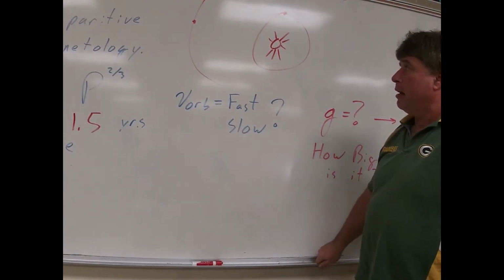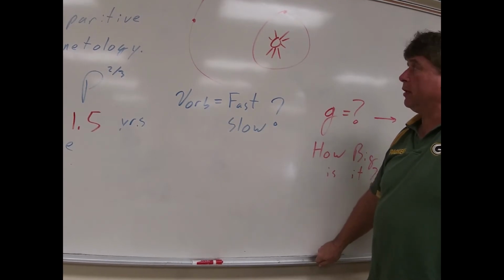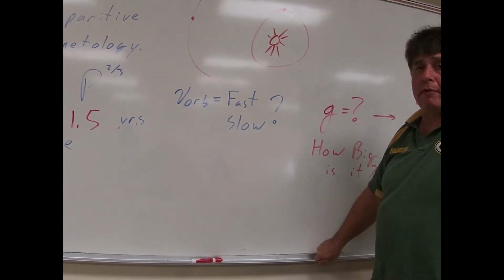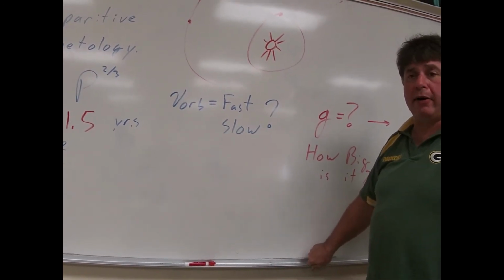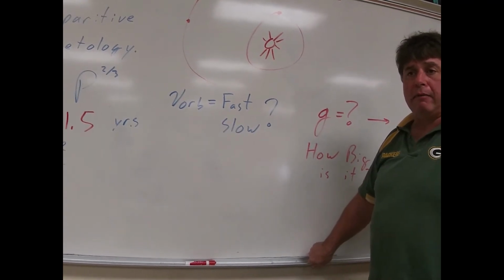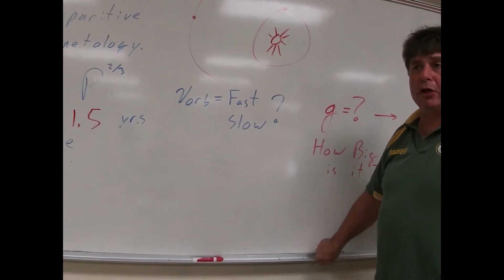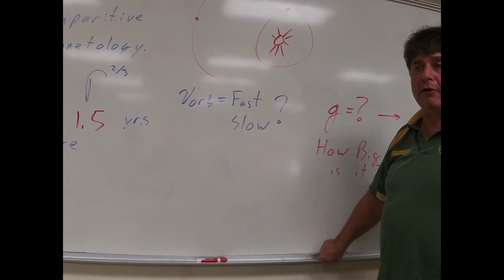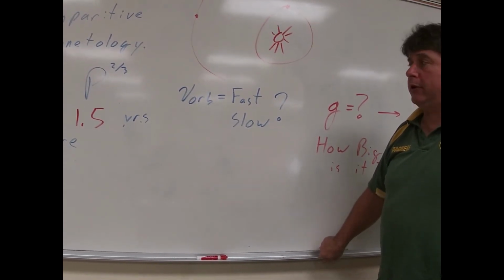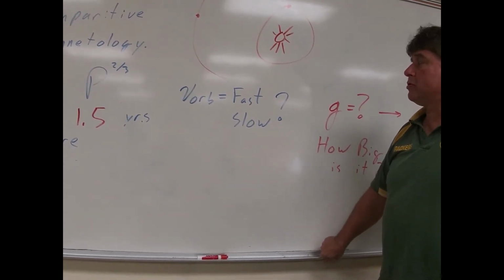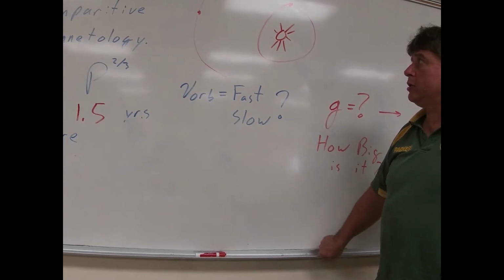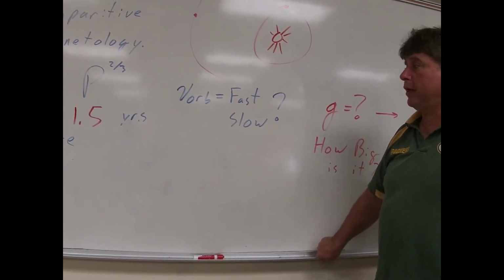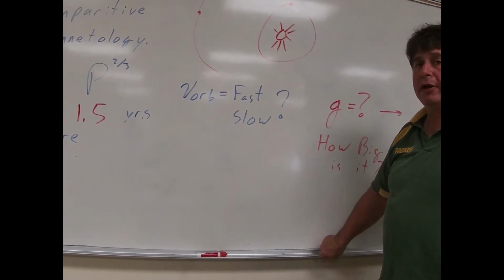Okay, and that's why that's important. But that's also important because in the bombardment era, a planet like Mercury would be much more likely to get in a violent encounter than a planet like Pluto would. So that's a really good indication of how fast or slow the planet's going in orbit around the sun.